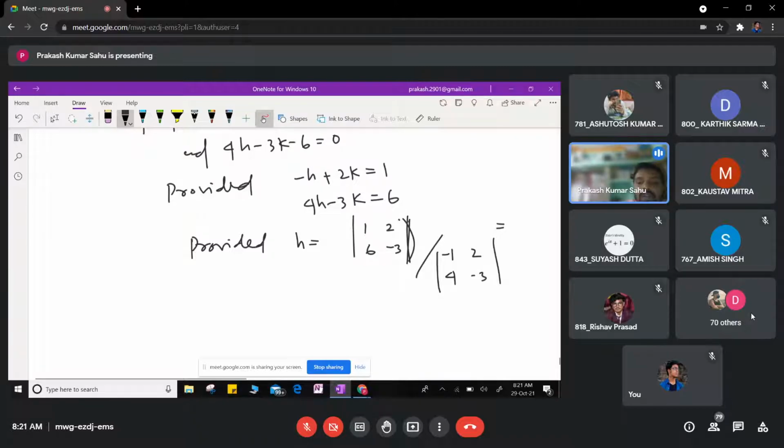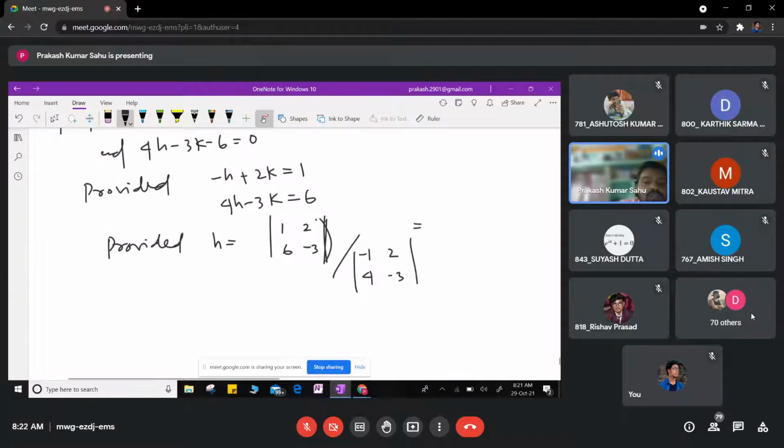This is minus 3 minus 12, minus 3 minus 12 क्या होगा? Minus 15 divided by this one is 3 minus 8, 3 minus 8 क्या होगा? Minus 5, so which is equal to plus 3. Is it correct? Yes, sir.